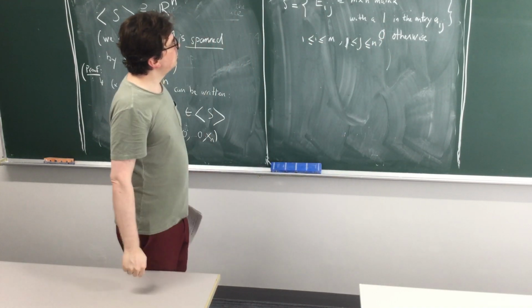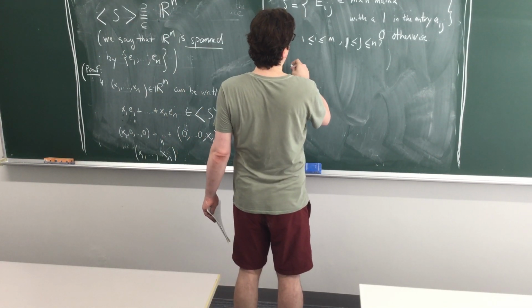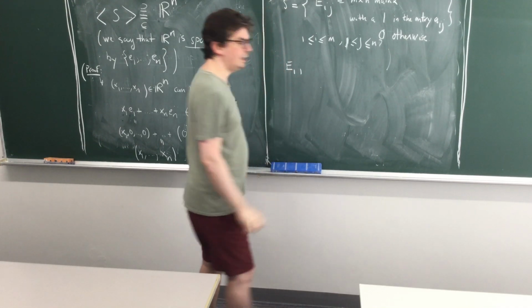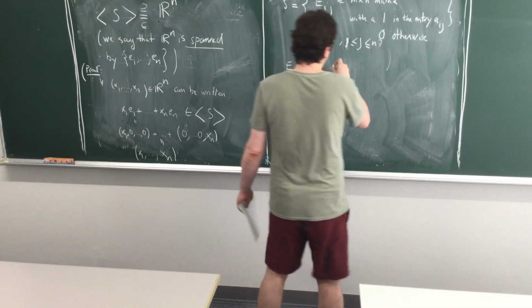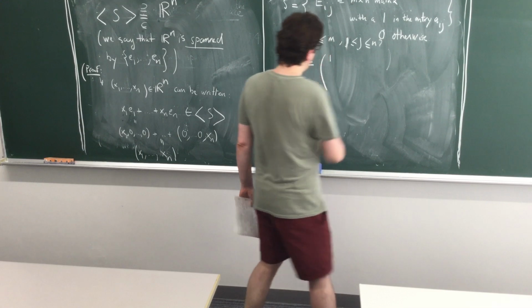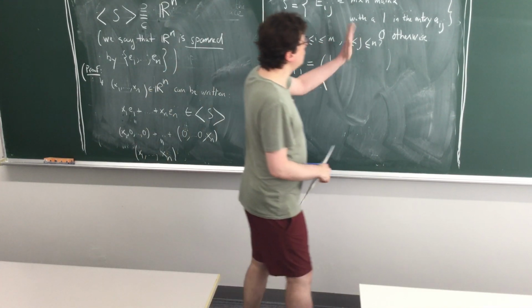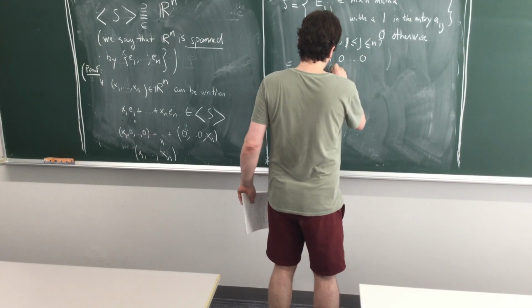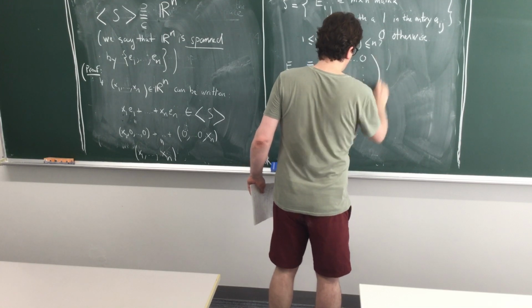Okay, so let me give you an example. What is, for example, E11? E11 will be just a matrix where you will have a 1 in the (1, 1) entry, and all the other entries will be 0.